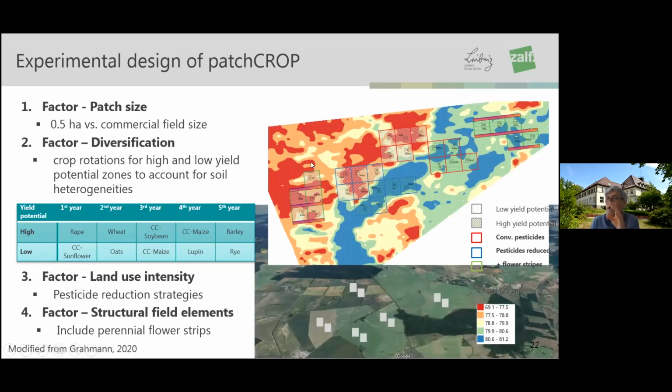There are other factors that we test, like the patch size. We also have these patches mirrored in real fields, still in large fields. And we have the factor of diversification. I explained that already.